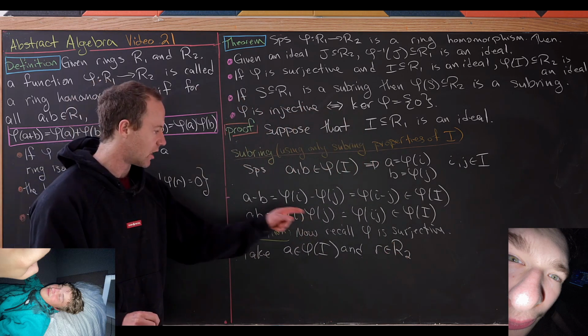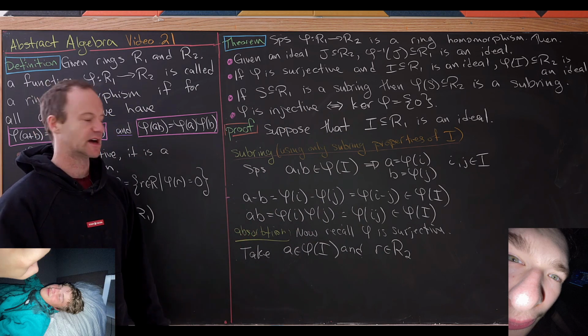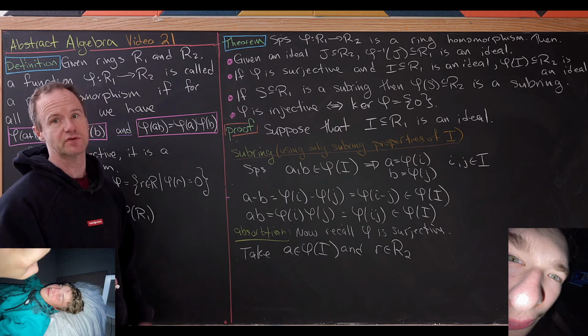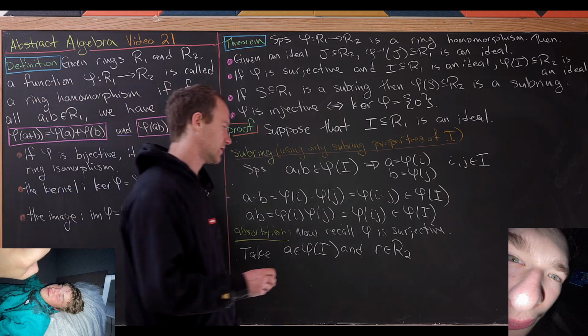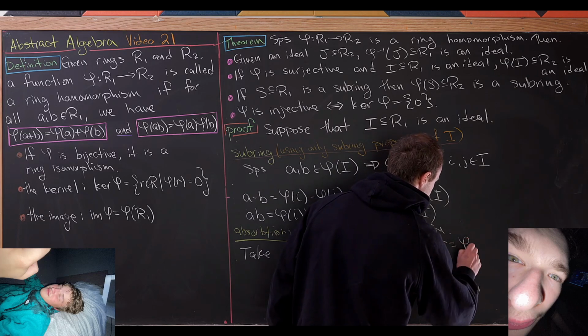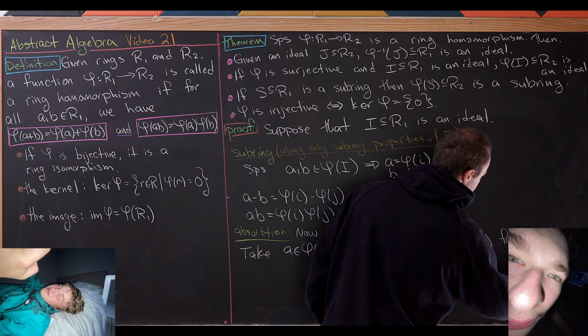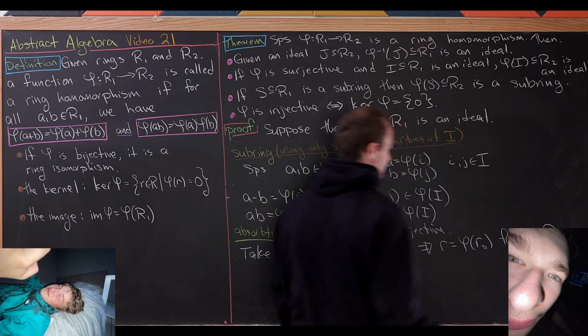Now we need to show that rA is inside of phi of I and Ar is inside of phi of I. That would be the absorption property for the ideal. Since we have surjectivity, that means that r is equal to phi of r naught for something which I'll call r naught inside of R1.